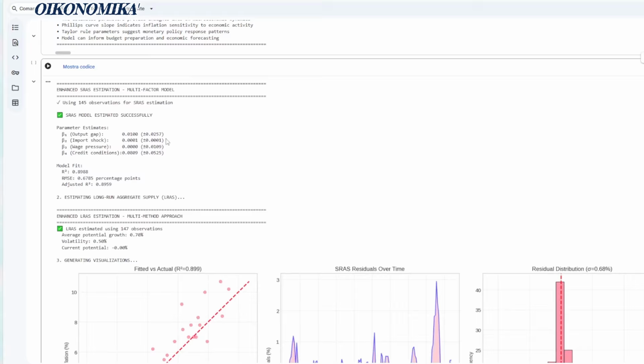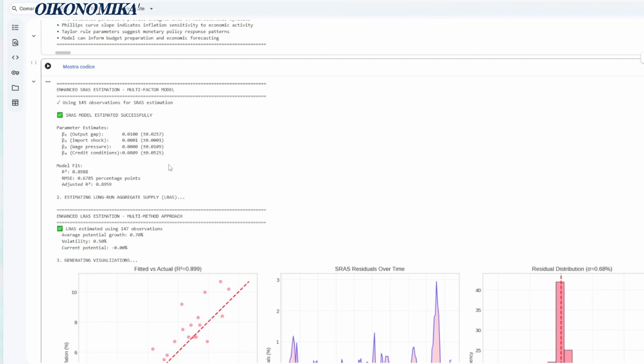So here we have the parameters injected in the model. We see that the output gap is pretty much flat, with a plus or minus range of 0.025. Then we have an import beta 2, an import shock, wage pressure, credit conditions.